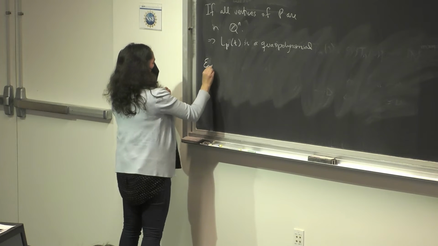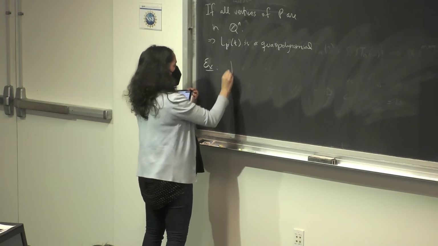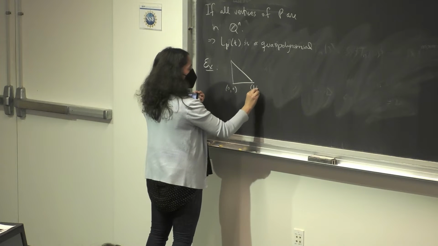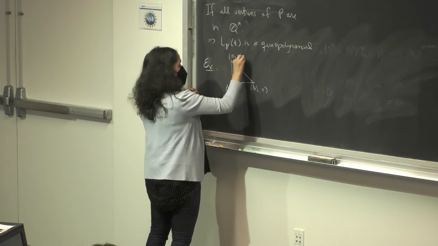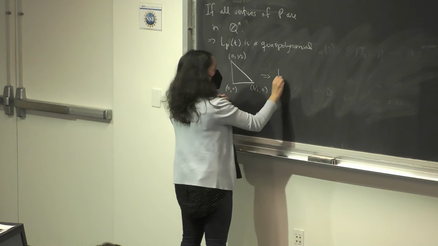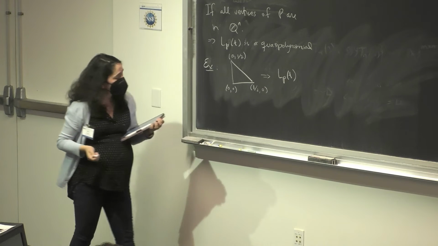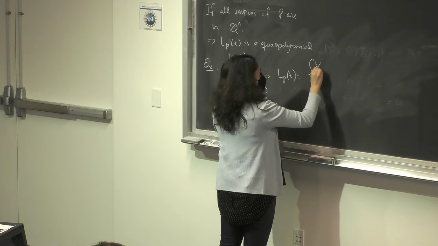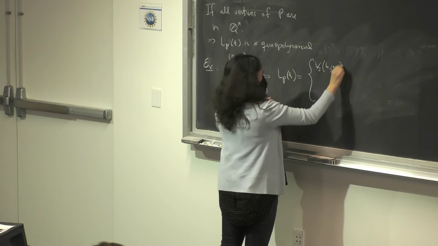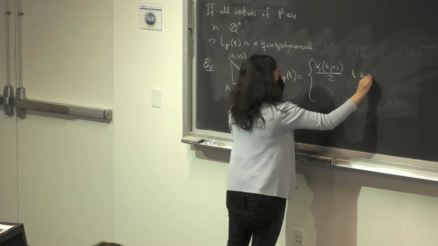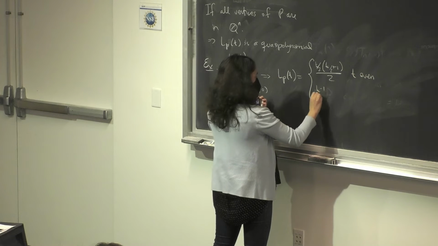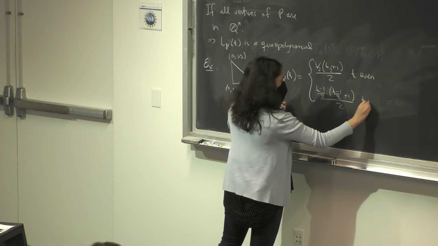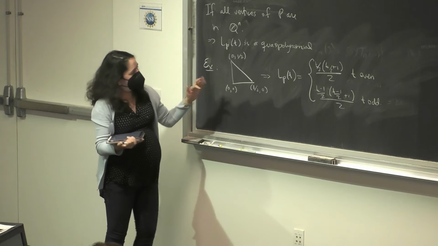Maybe what is best is to look at an example. If you have this to be your polytope, where your vertices are (0,0), (1/2,0), and (0,1/2), then the precise numbers don't matter much, but you're going to have that it's a quasi-polynomial.